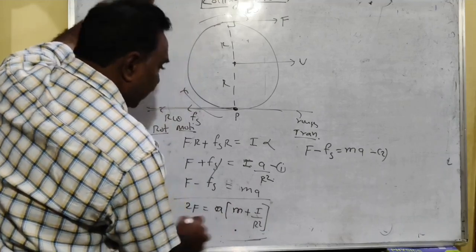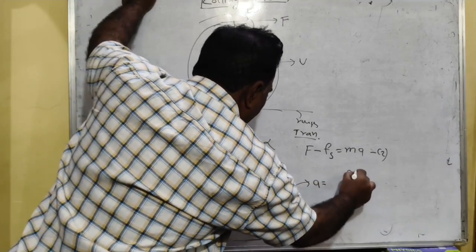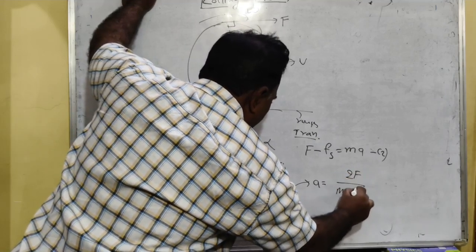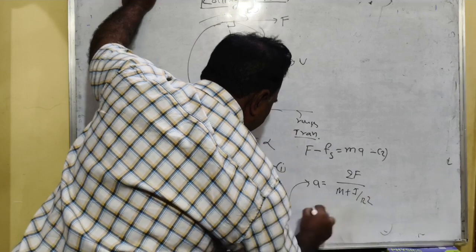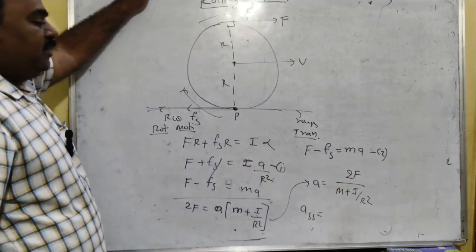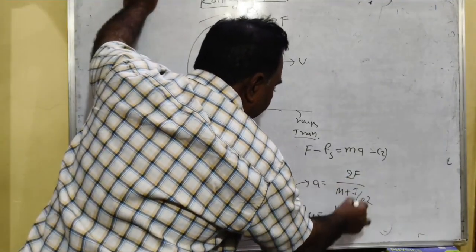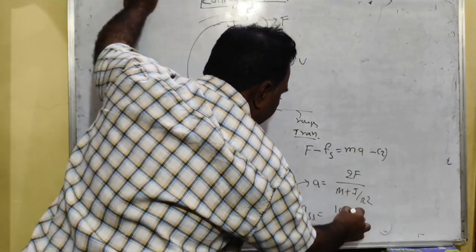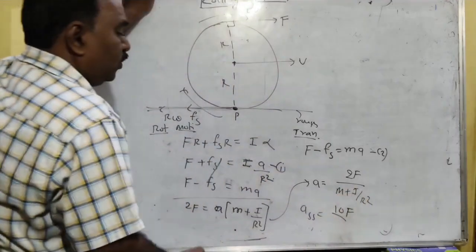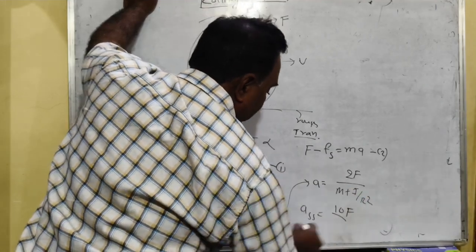So from this we will separate the acceleration. Therefore A is equal to 2F by M plus I by R square. Suppose you want a solid sphere, substitute the moment of inertia 2/5 mr square, then we will get 10F by 5m plus 2m, since I means mr square times 2/5, and R square cancels.